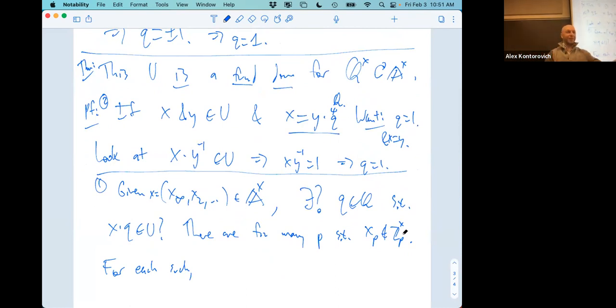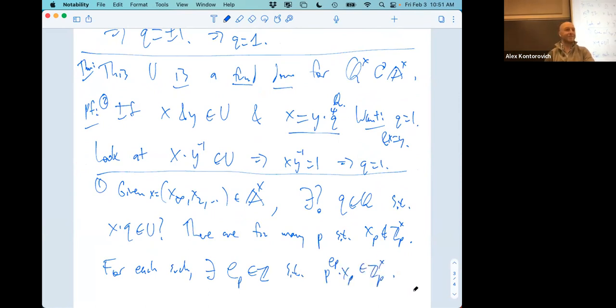So I don't know if I need to multiply by a positive power of P or a negative power of P to get into ZP cross. For each such P, there exists an exponent EP in Z, either positive or negative, such that P to the EP times XP is in ZP cross.